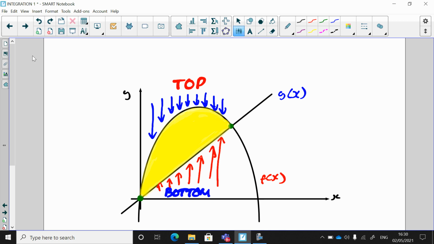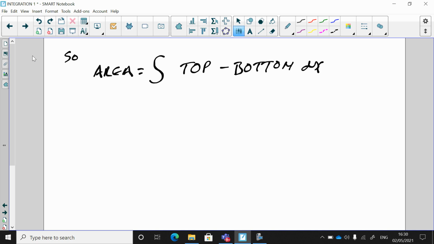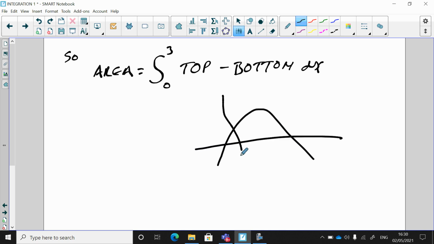Can we move on from there? So top minus bottom. We already had the limits of integration. We got 0 and 3 because we actually saw that there.